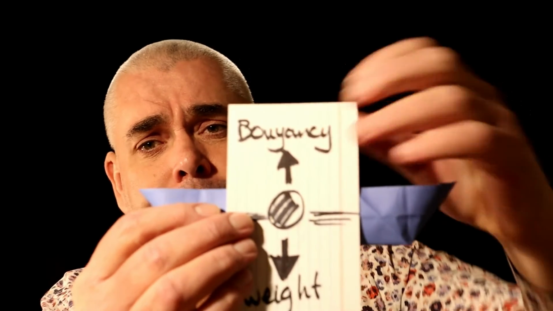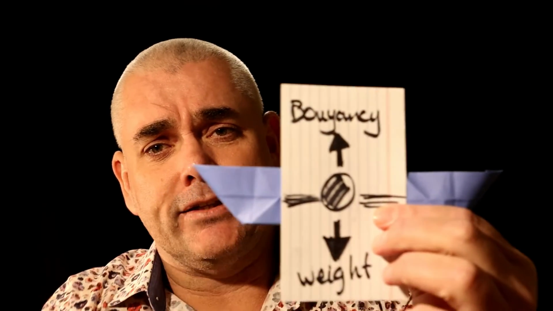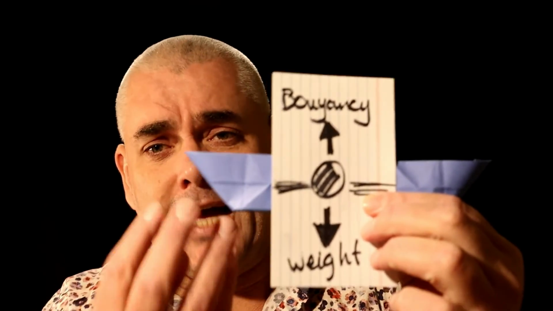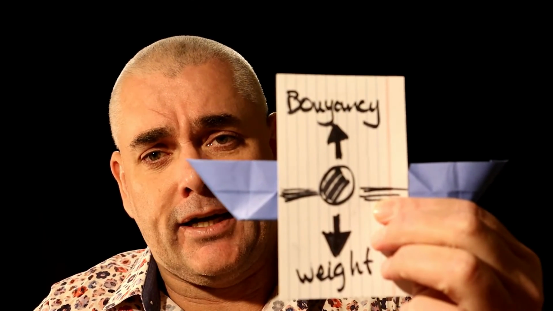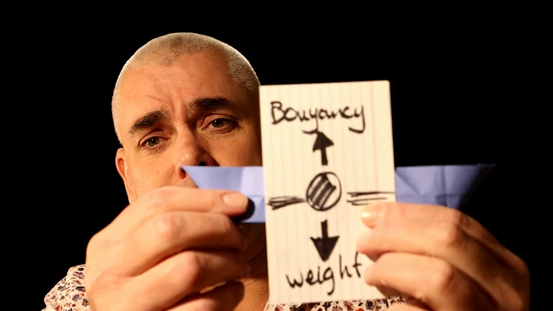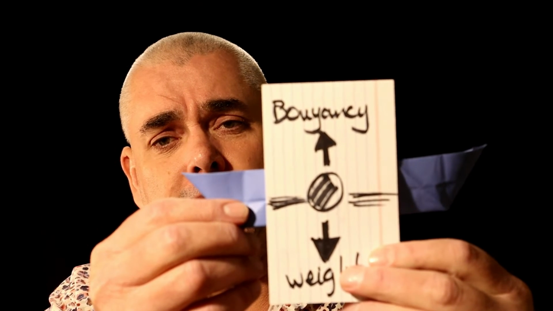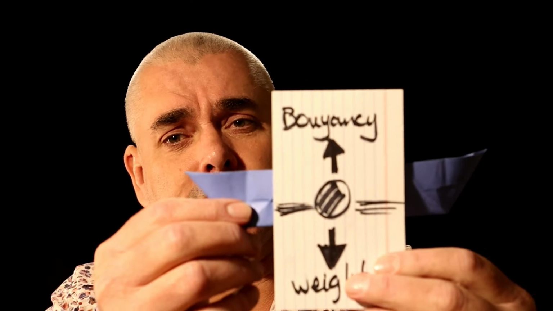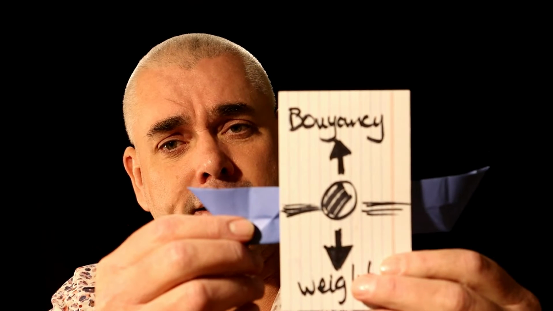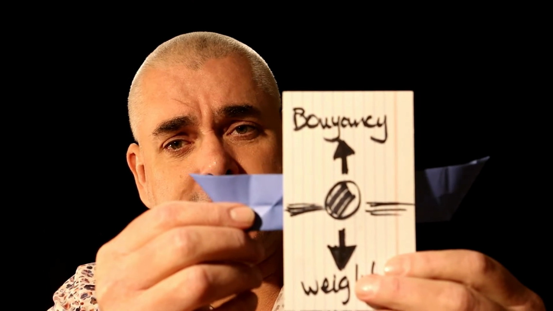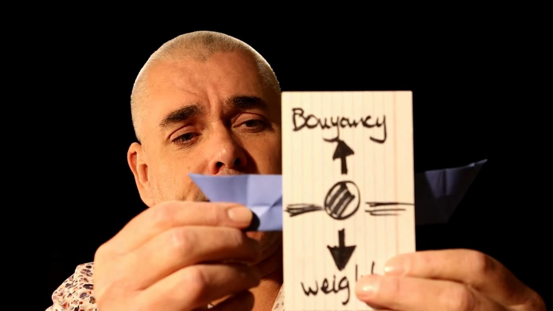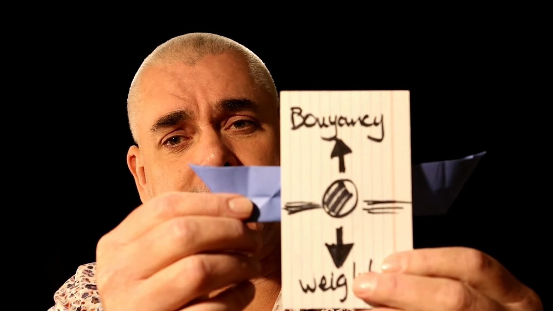But to counteract that, you've got a buoyancy force pushing up against the bottom of the boat, and that is allowing this boat to float. Okay? And we're talking on a large scale here, hundreds of thousands of kilograms of mass. And you've got the water pushing up against it in the port.